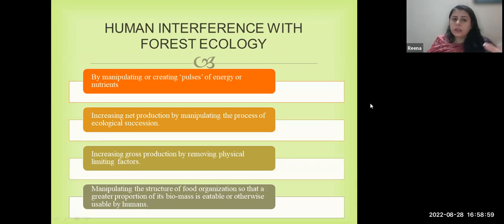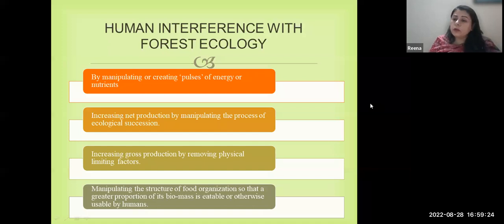So again, if you see human interference with forest ecology, it is basically through four major methods: by manipulating or creating pulses of energy, by increasing net production, by increasing the gross production, and manipulating the structure of food organization so that a greater proportion of its biomass is edible rather than just being produced for biodiversity.